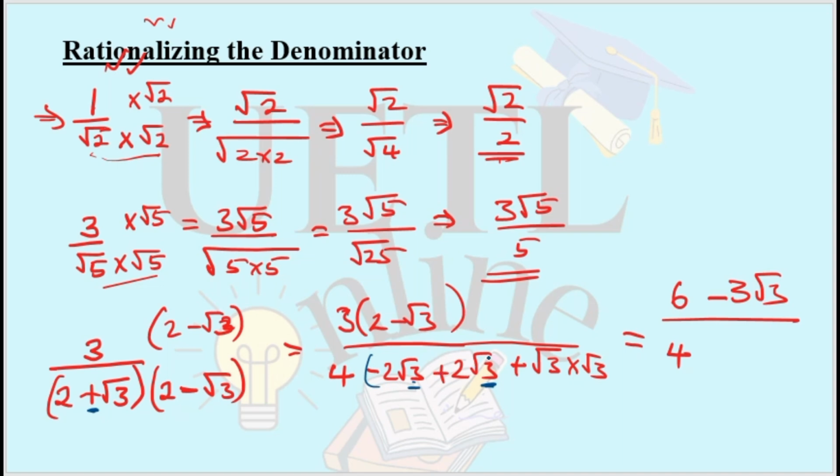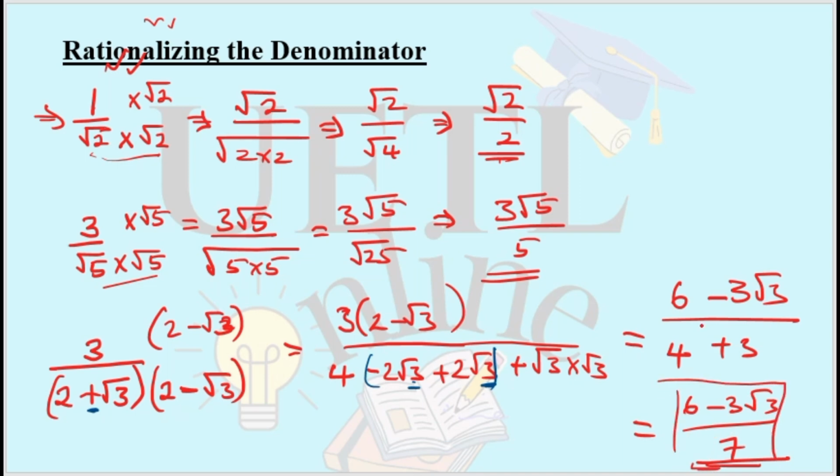You can check it here, it becomes 0. Now we have 4, then here root 3 times root 3 becomes plus 3. Like I said, root 3 times root 3 is just 3. So the bottom becomes 7. This means that our answer becomes 6 minus 3 root 3 over 7. So this will be our answer. You can see now the denominator has no root part. So now you have your answer.